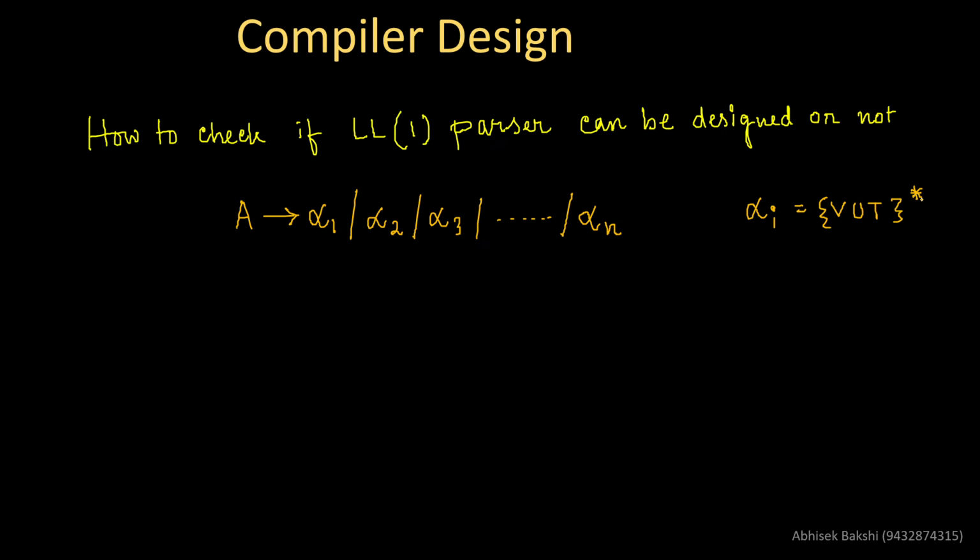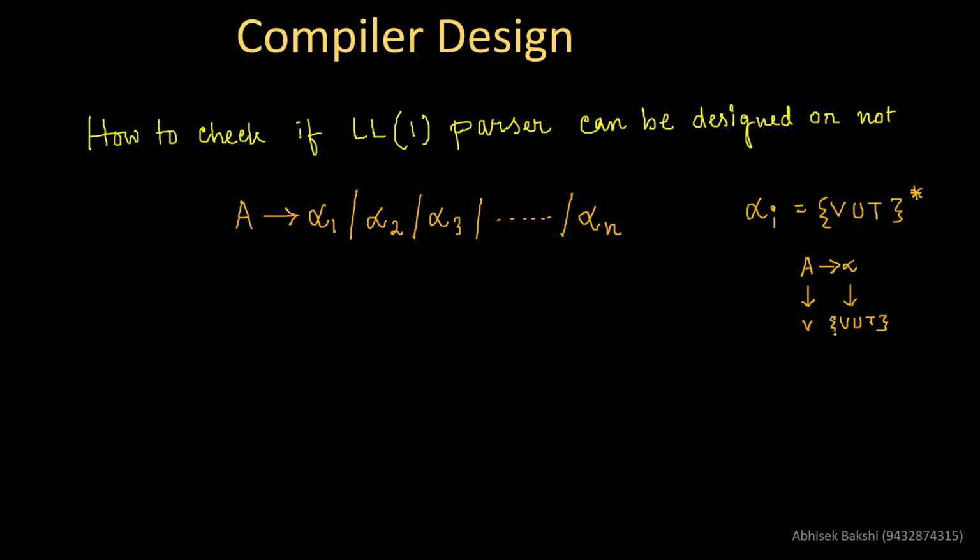The type of this right-hand side is the same as in a context free language. In a context free grammar, the production rule type is the same, A to alpha, where A is a non-terminal, definitely in V, and alpha is (V union T) whole star.